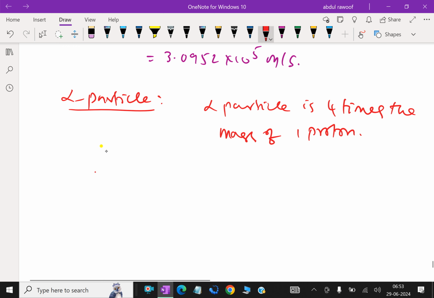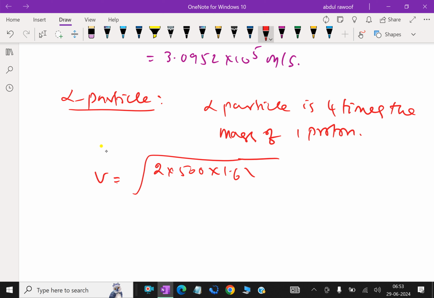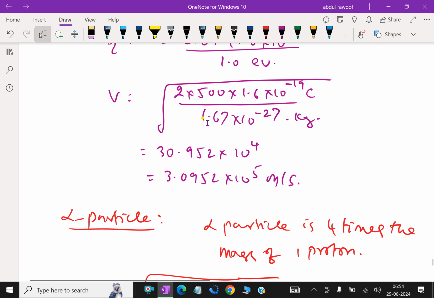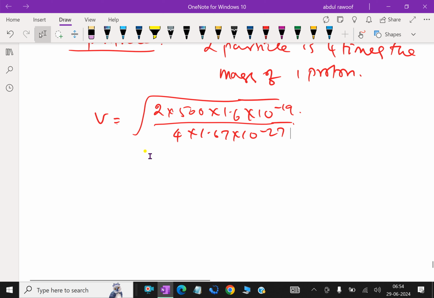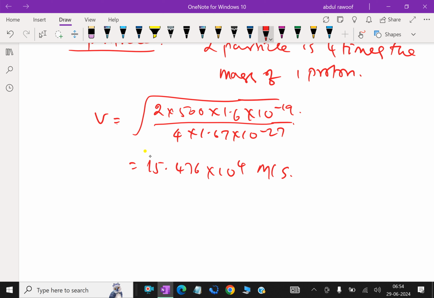Therefore, the velocity is the square root of 2 into 500 into 1.6 into 10 power minus 19 coulomb over 4 times 1.67 into 10 power minus 27. Which gives 15.476 into 10 power 4 meter per second, equal to 1.5 into 10 power 5 meter per second.